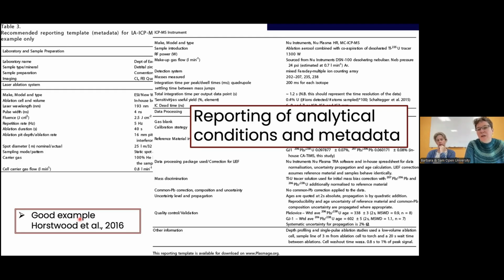And this is simply so that people can understand how you got to the data, and maybe they want to recreate or reproduce some of the data, and then they should use similar settings, obviously, because it might have slight differences or explain slight differences. And if you're looking forward to setting up a new method, this is always a good place to start. So Sam and I are huge fans of analytical metadata, because that allows us, as a starting point, to evolve methods or to adapt methods that are new to our lab.